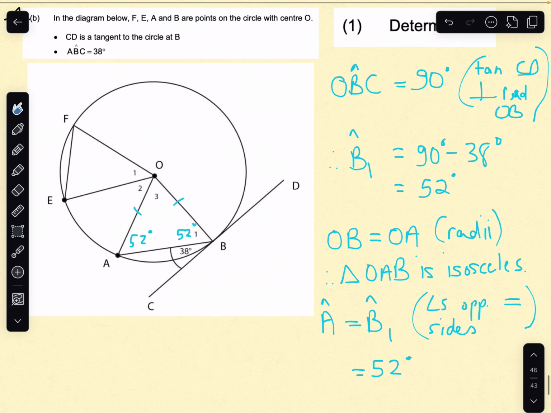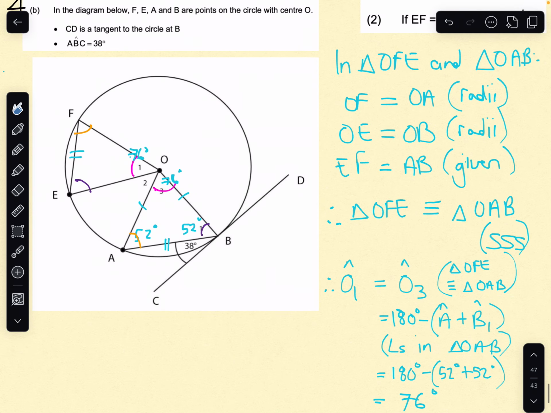So let's have a look at the memo. Question 4b. So they do indeed start with Tan-rad to help us work out B1, and then we work out A is equal to 52 using the isosceles triangle. And then for the second question, they just leap right into working out O3 using the interior angles of triangle OAB, and they work that out to be 76.